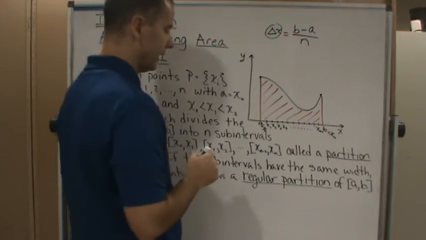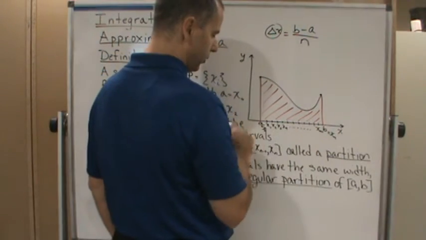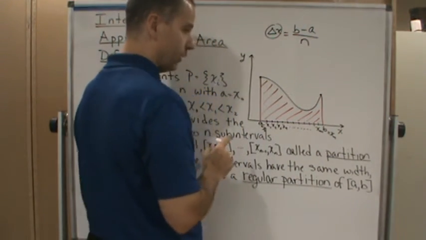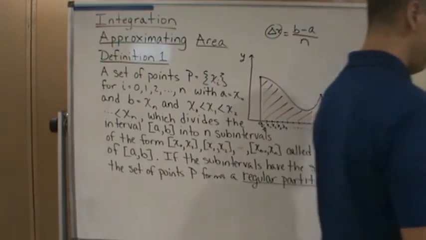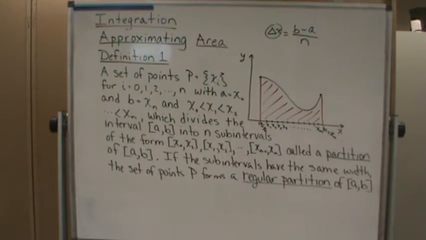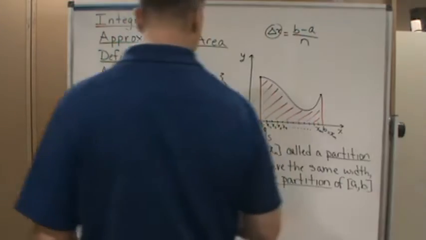Also, we can find the value of any one of these x values. Any one of these subintervals, we can find where they start by using the delta x and our starting point, a.